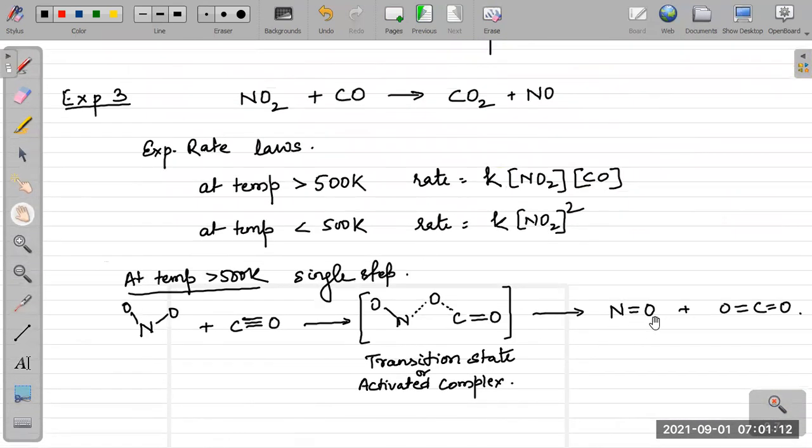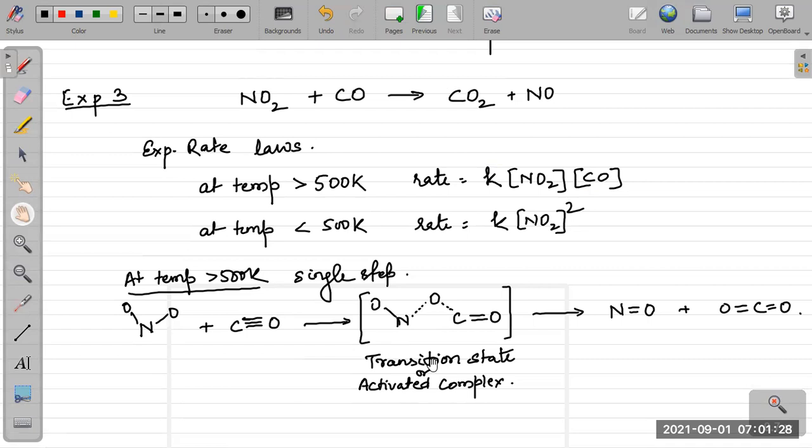And looking at the bonding pattern of this side, the product side and the reactant side, we can fairly approximate how the bonding pattern would have been in the transition state. Okay.